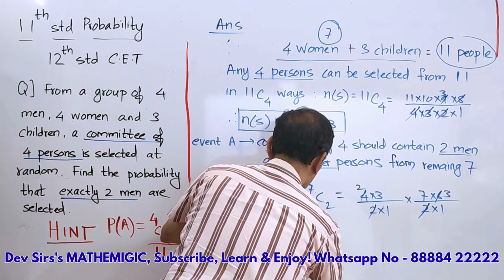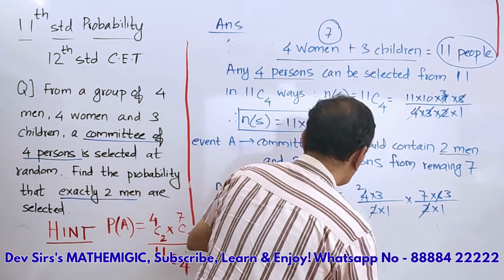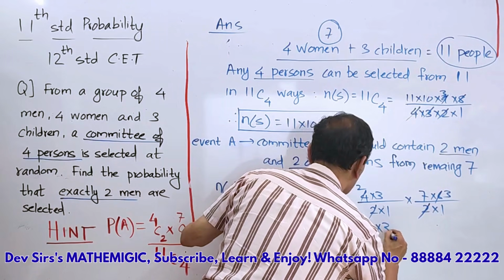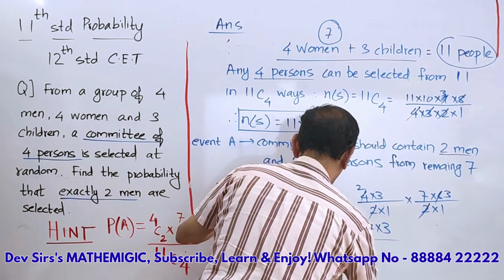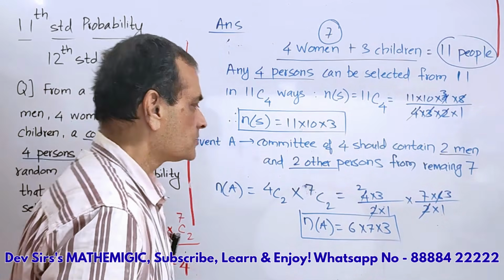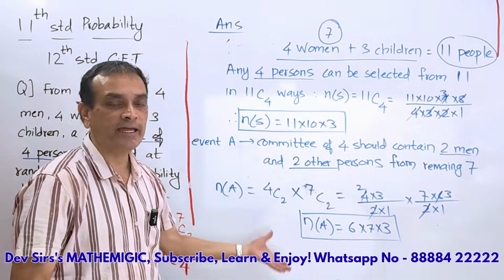So N of A is 2 into 3, 6 into 7 into 3. Keep it as it is, it will be easier for calculation. So this is the number of possibilities of event A.